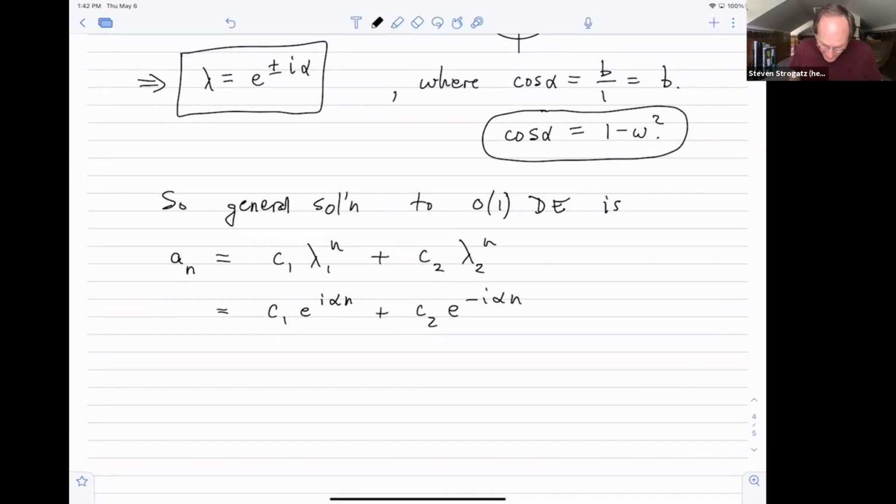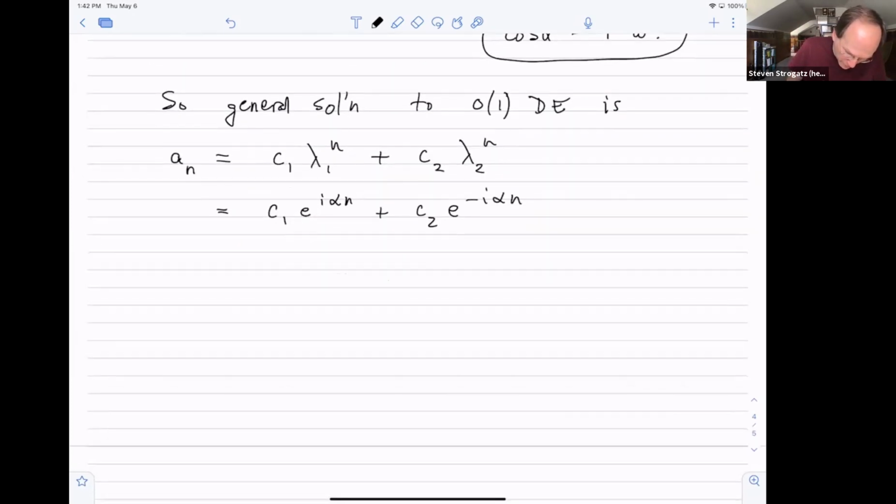In fact, we could even write it explicitly as a cosine, in terms of some other constant, let's call it capital A, cosine of alpha n plus a phase angle that I'll call theta, where the A and the theta are related to those complex constants C1 and C2 in some way that's not interesting to figure out. The point is, A_n is actually sinusoidal, or if you prefer, cosinusoidal.